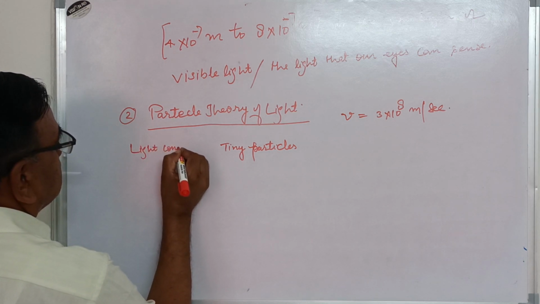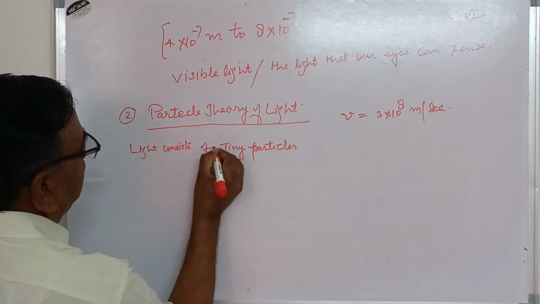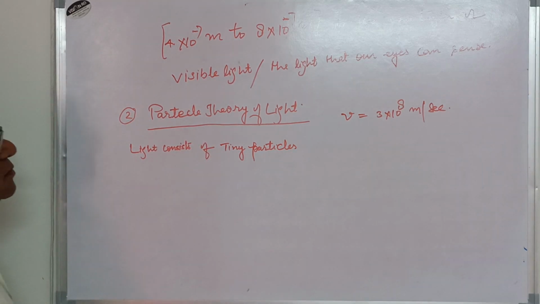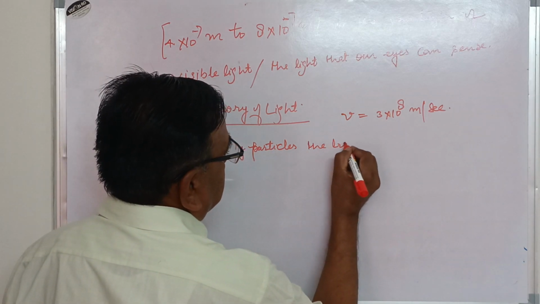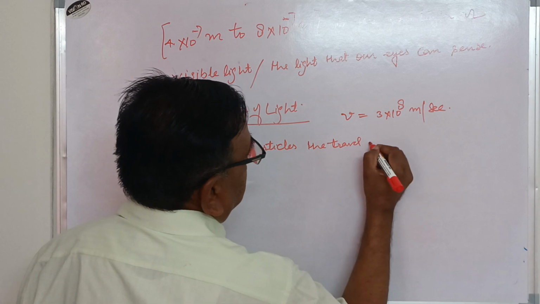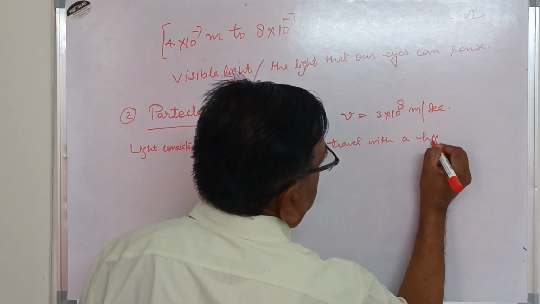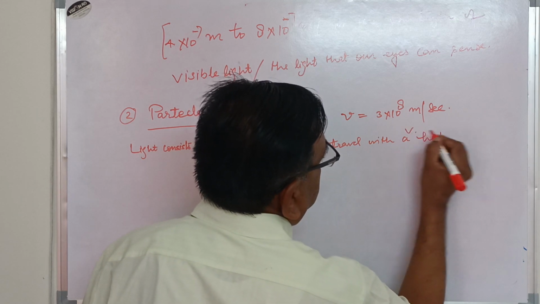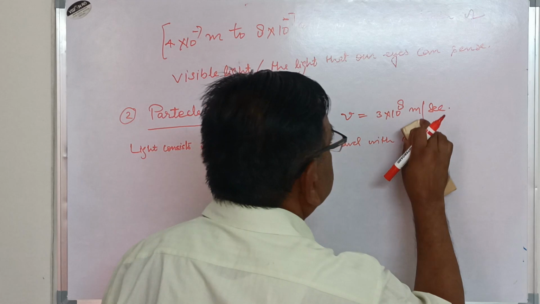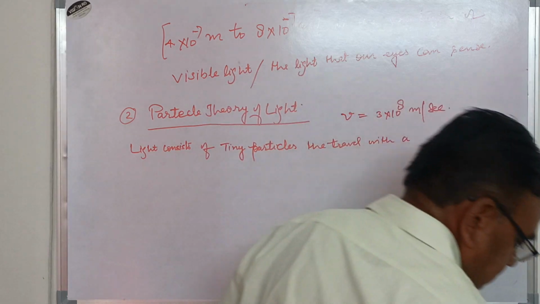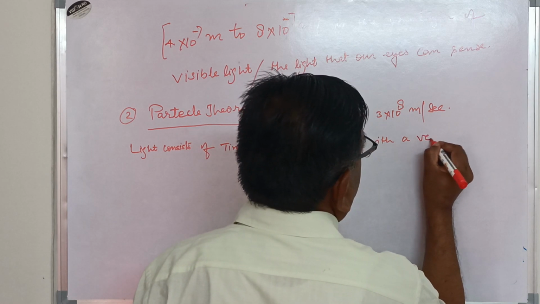Light consists of tiny particles that travel with very high speed.